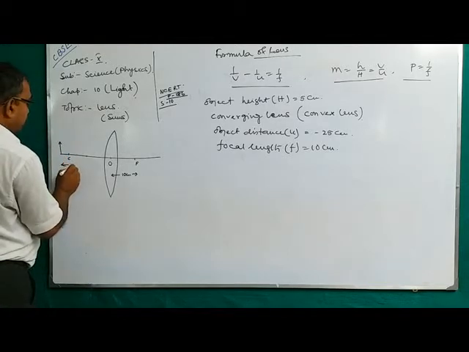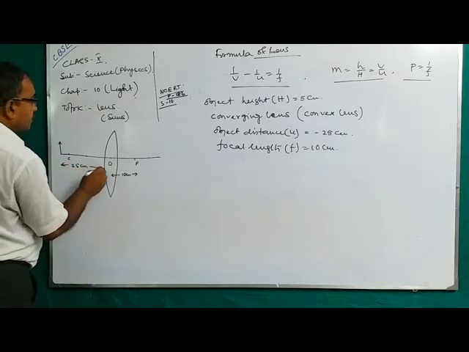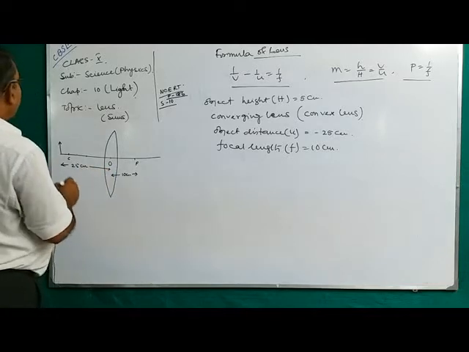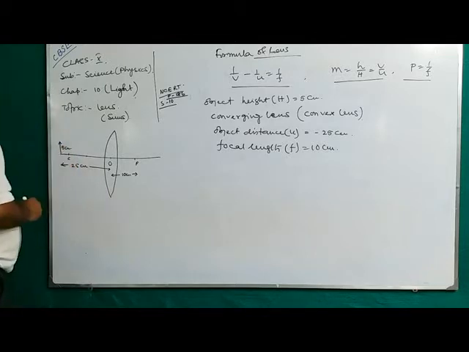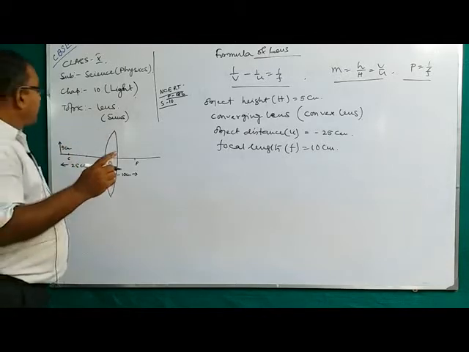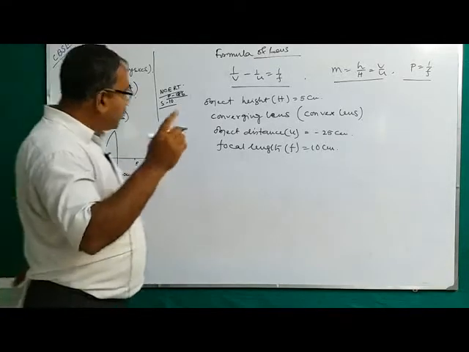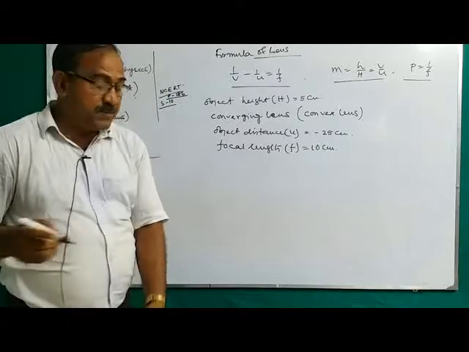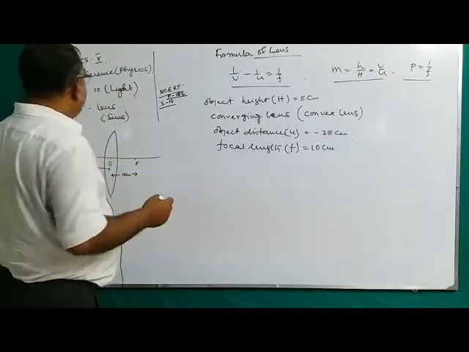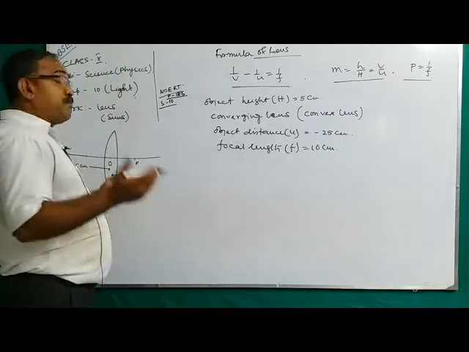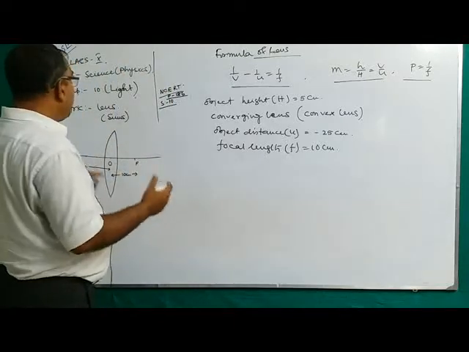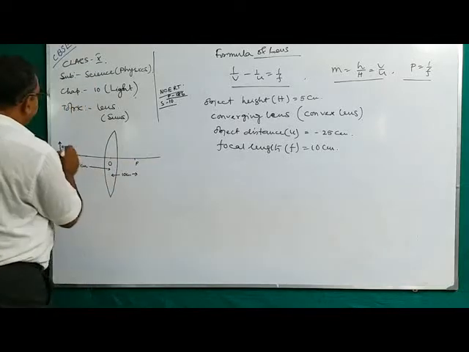Height of this object is 5 centimeter. You know it from your concept of ray diagram. If the object is placed beyond the C, the image will form in between C and F. You know it.